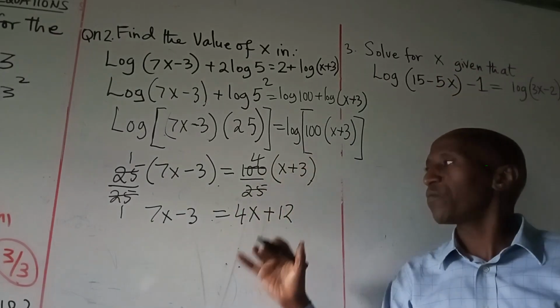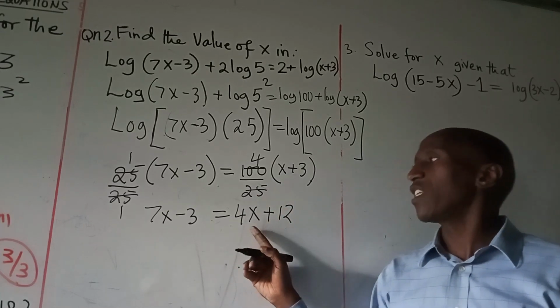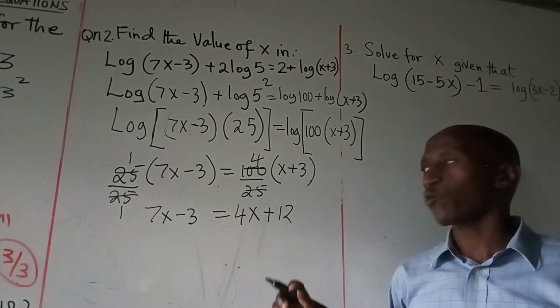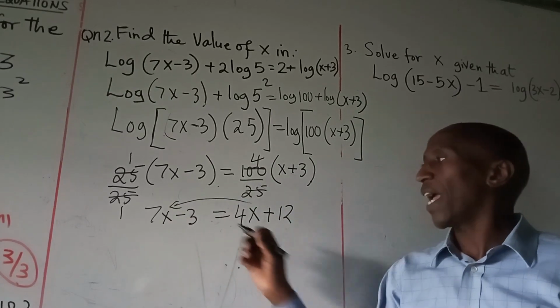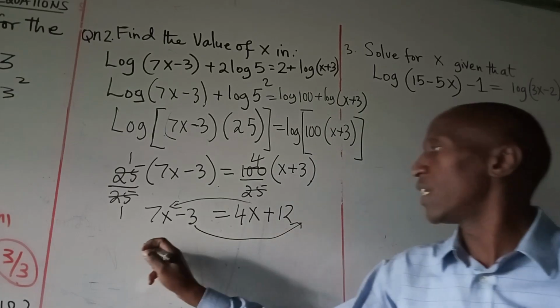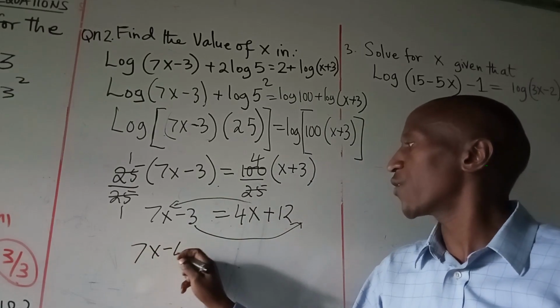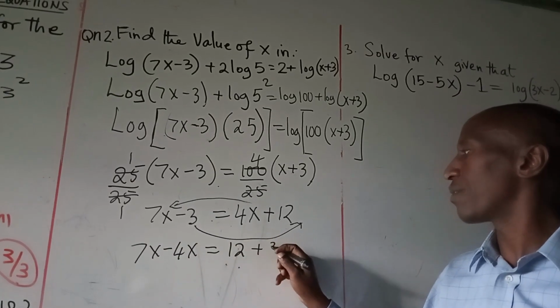We are simplifying the equation at every level. At this point, we can put like terms together. We subtract 4x on both sides and we add 3 on both sides. And that gives us 7x minus 4x is equal to 12 plus 3.